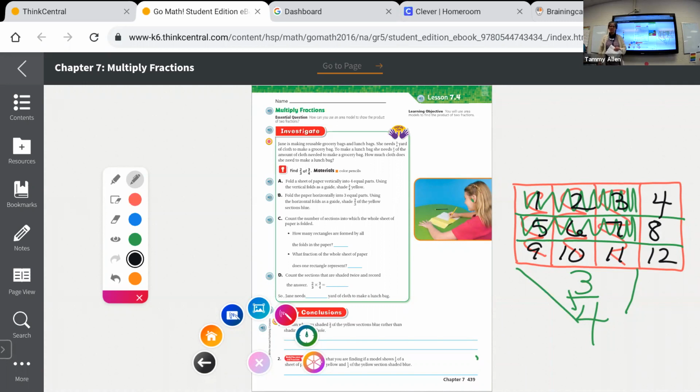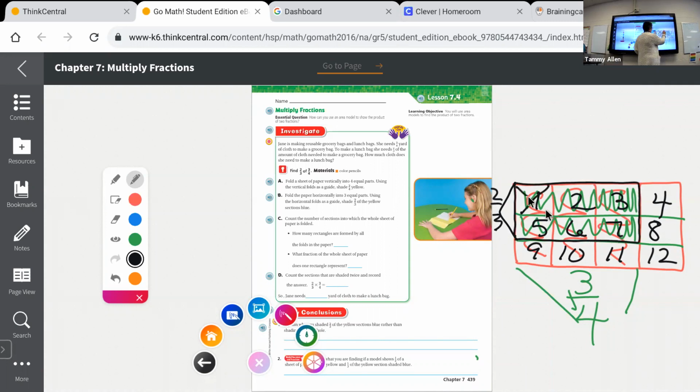Now the question is, I only wanted 2/3 of the 3/4. That's all I wanted. I didn't want all 12 twelfths. So I really only want this section right here.